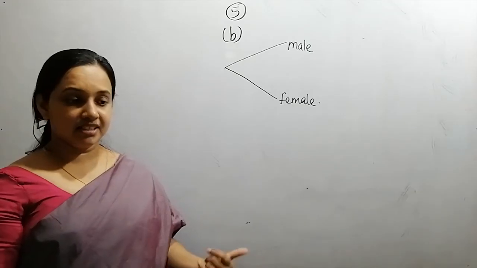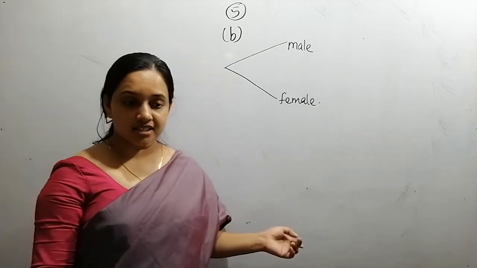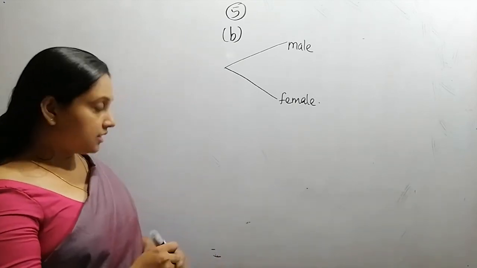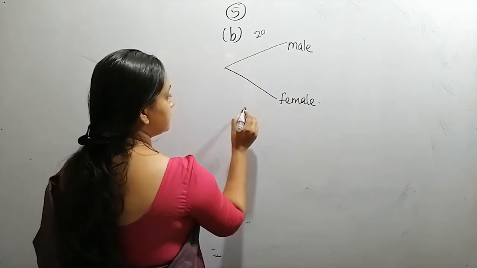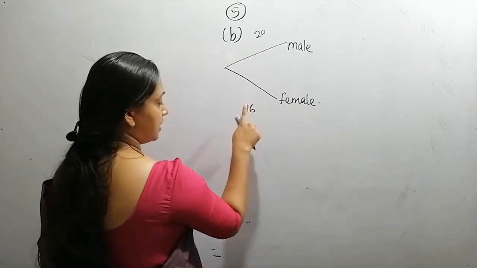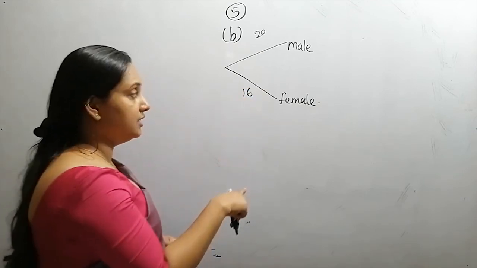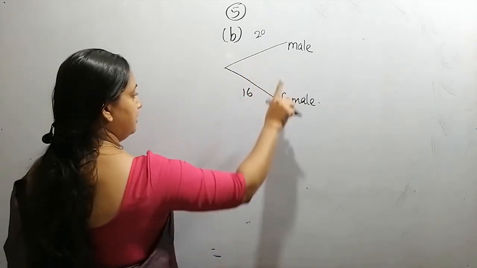Here, within the considered period, 20 males and 16 females arrived at the physician. Then what is the sum of male and female?